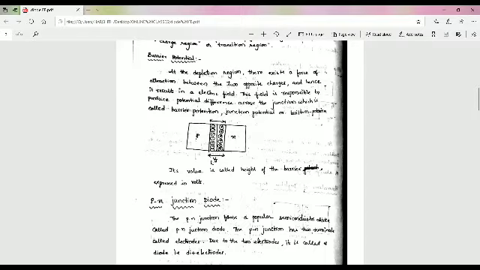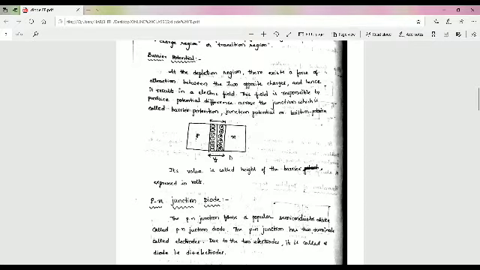According to Coulomb's law, there exists a force between these opposite charges, and this force produces an electric field between the charges. The direction of the electric field is from the positive charge towards the negative charge.